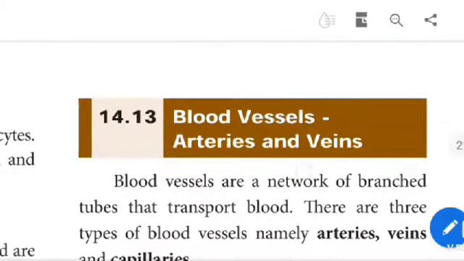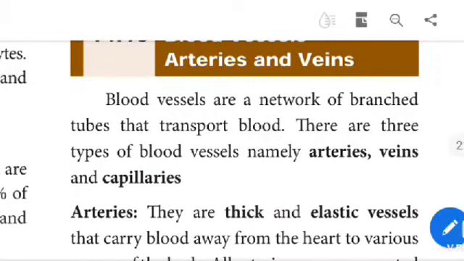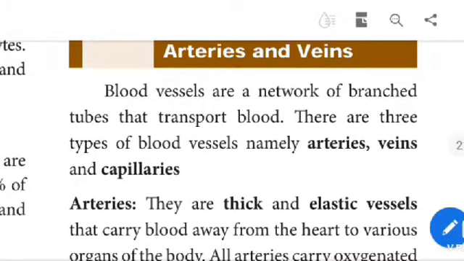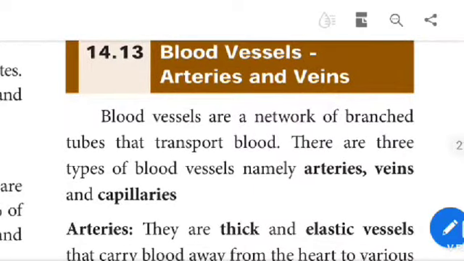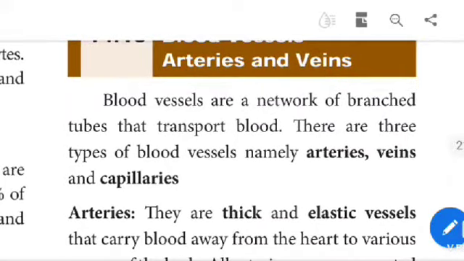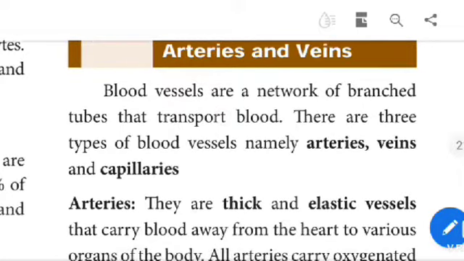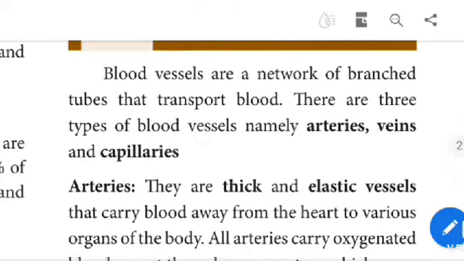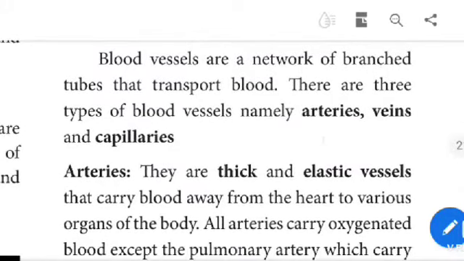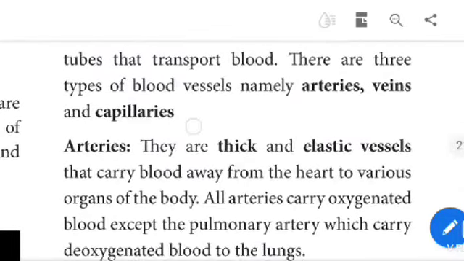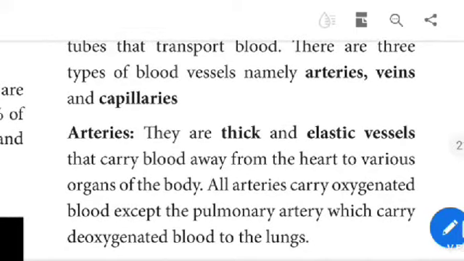Blood vessels, arteries and veins. Blood vessels are a network of branched tubes that transport blood. There are three types of blood vessels, namely arteries, veins and capillaries.